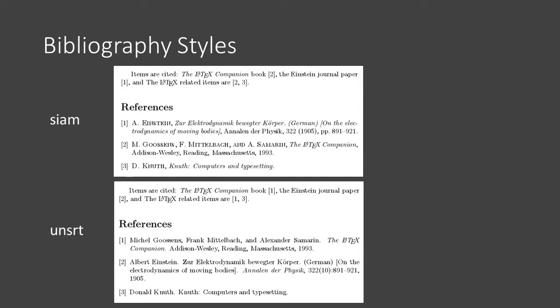Unsrt reference style is a numerical reference list that is not sorted, following the citation order used in the text. You can find detailed information on how each BibTeX entry type appears in each style at the website bibtex.com.